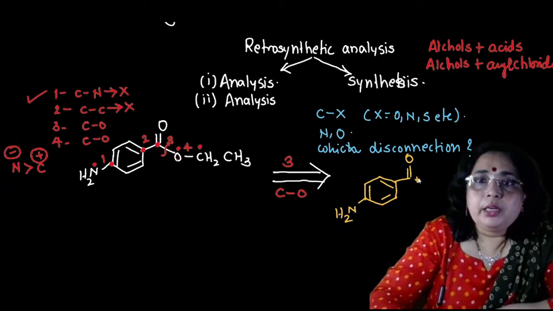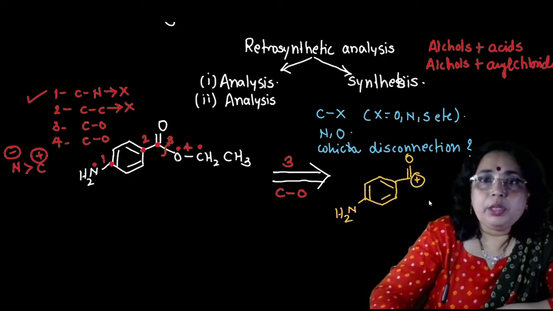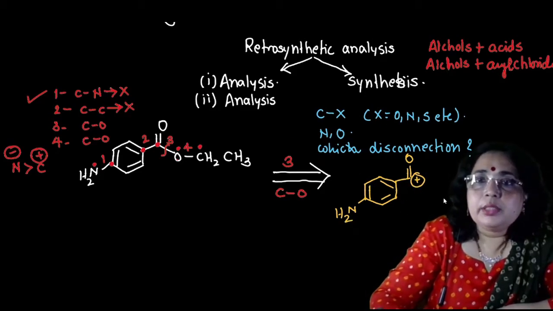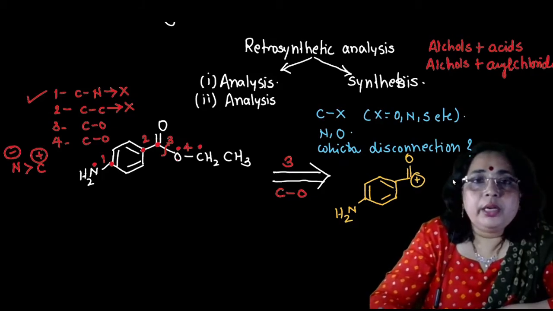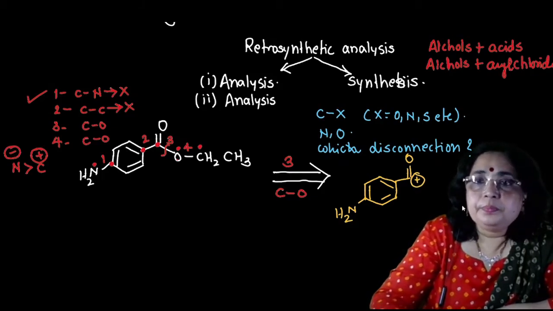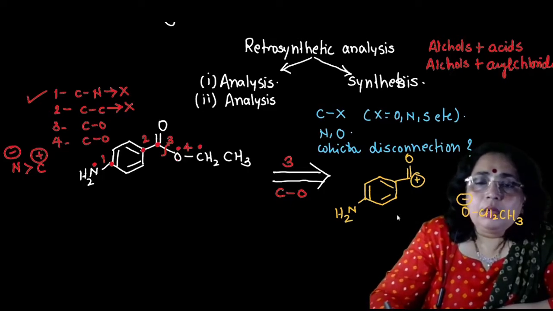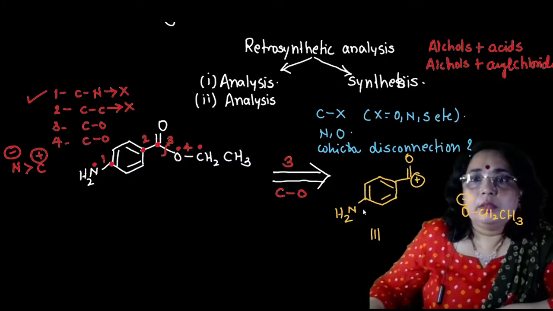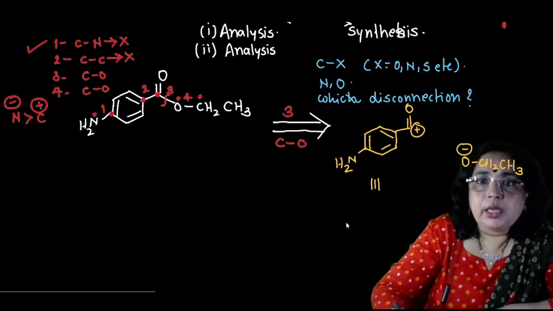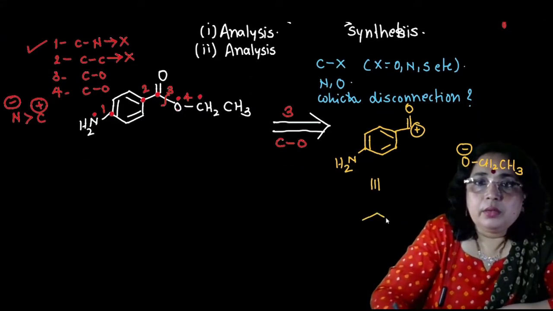As we know, the carbon of a carbonyl compound is always an electron-deficient center. So here you will get a plus charge at the carbon, and here I can put a negative charge. Now these are the synthons, and what are the synthetic equivalents? The synthetic equivalents I can get over here.